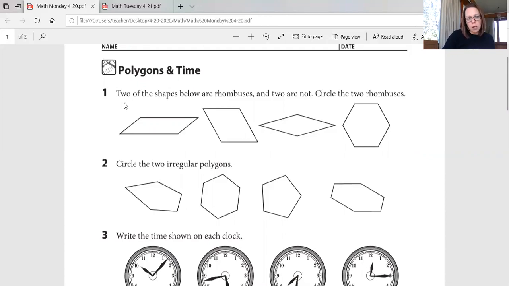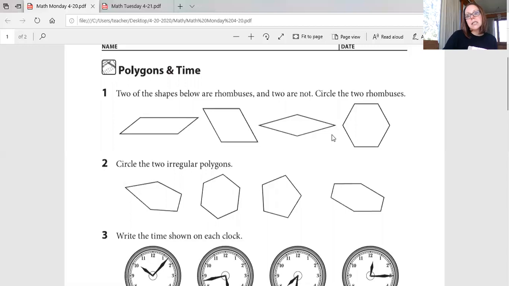Number one says, two of the shapes below are rhombuses and two are not. Circle the two rhombuses. Now I will give you a clue here. Rhombuses are a regular polygon.